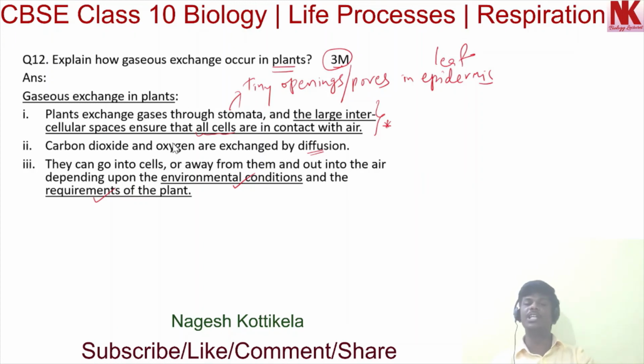Between the cells there are large intercellular spaces that ensure all cells are in contact with air, and through stomata the gas exchange occurs. So this is how you can write the answer for question number 12.